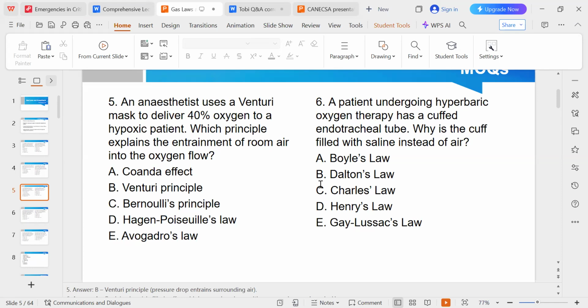How does it work? How does Venturi's principle work? Anyone? Quickly explain.